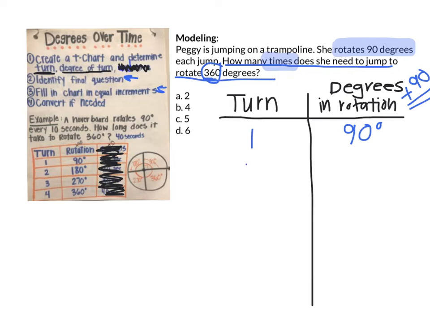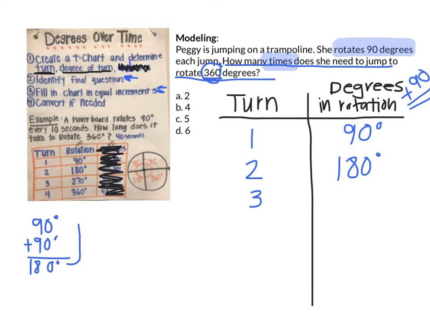We're going to our second turn to find how many degrees in 2 rotations of 90 degrees. We can just add 90 plus 90. 0 plus 0. 9 plus 9 is 18. 90 degrees plus 90 degrees is 180 degrees. We're not at 360 yet, so we keep going. So now we're on our third turn.